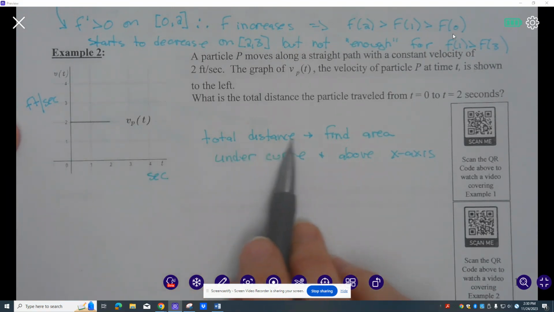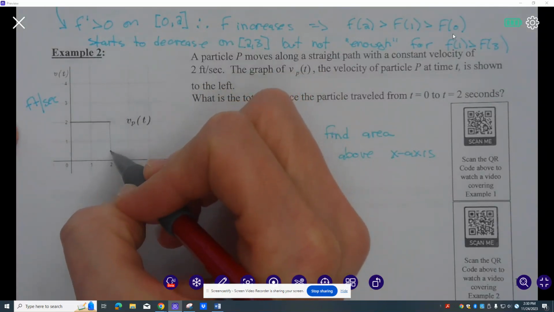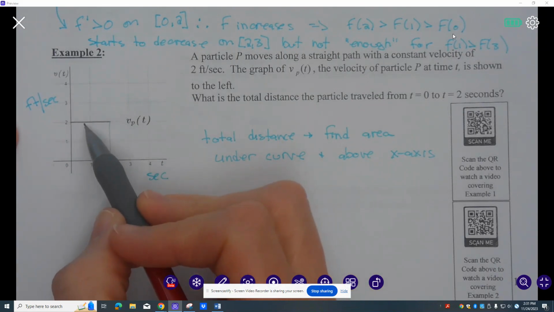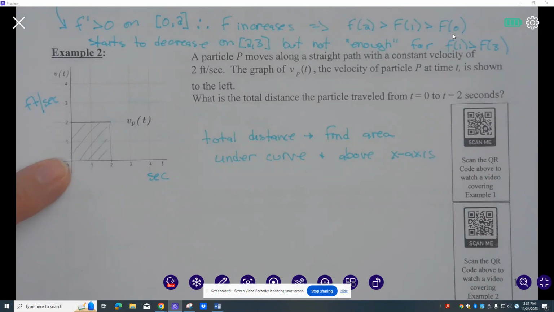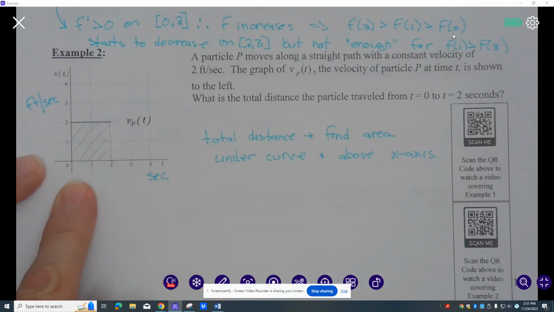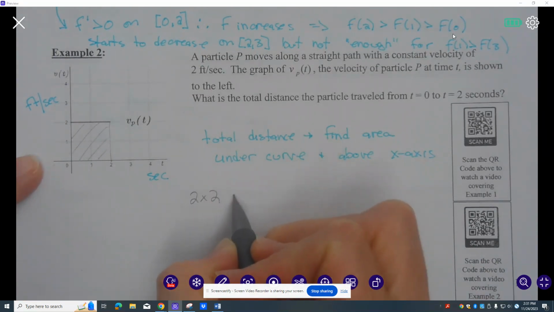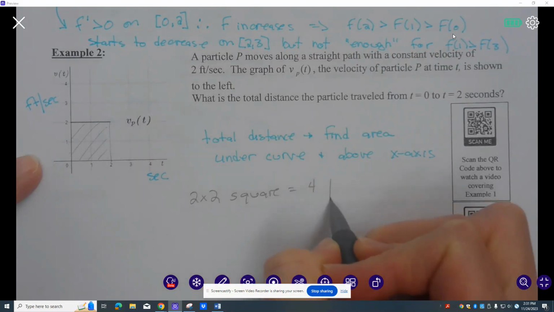The total distance is the area under the curve and above the x-axis. When it asks how far did it travel, it's asking for the area of that region. Well, that's a 2 by 2 square, so it traveled 4 feet.